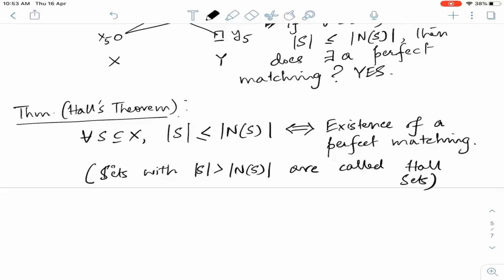The other side is slightly tricky: if the left hand side holds, how do you convince me that there is a perfect matching? That is a slightly tricky one, but we will see that this is an almost immediate application of max flow equals min cut. Some of you might be aware of a different proof. You can use induction and so on, but we will see a different proof of this theorem.